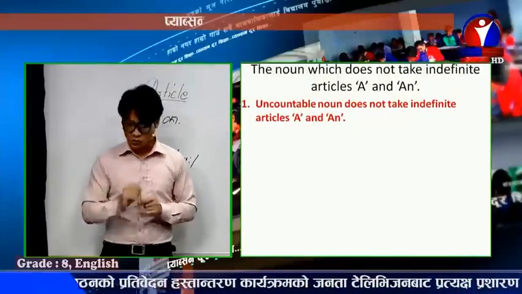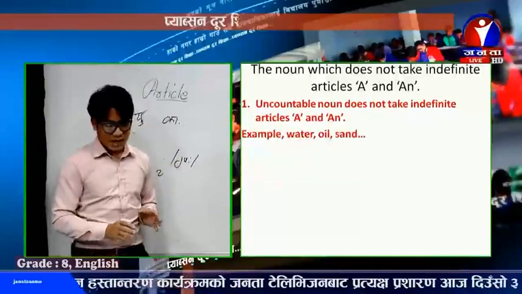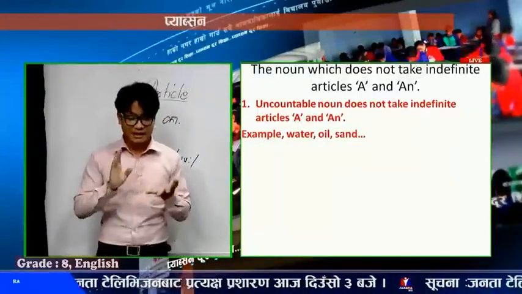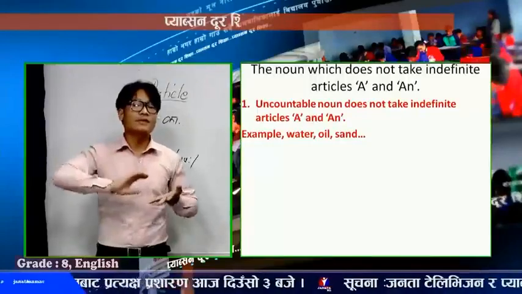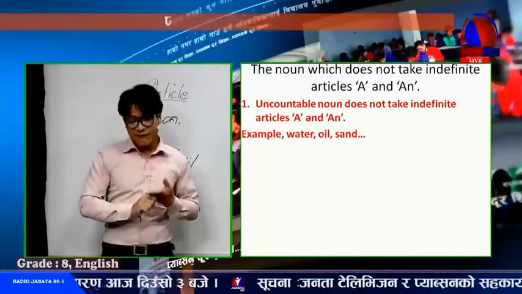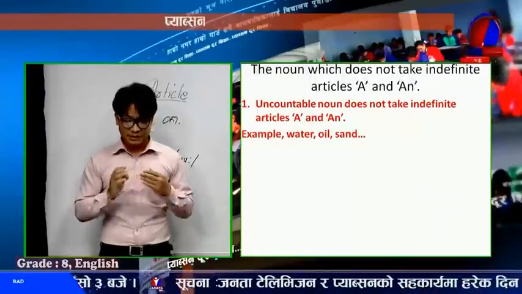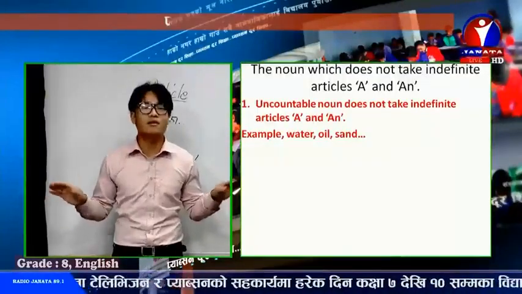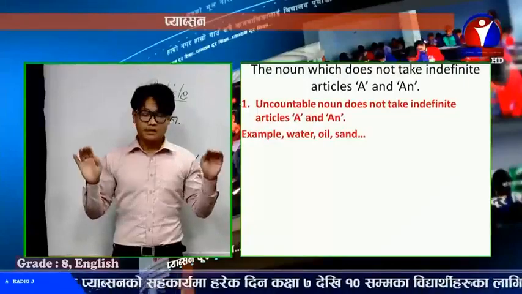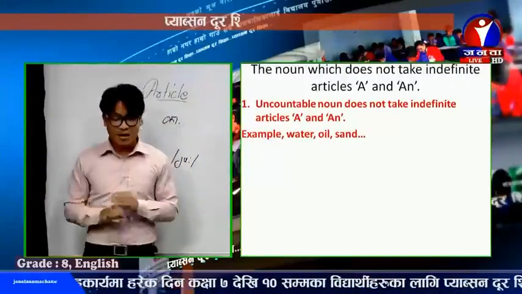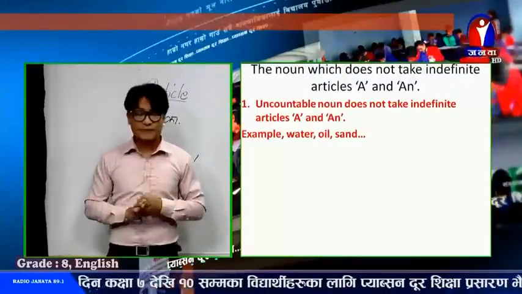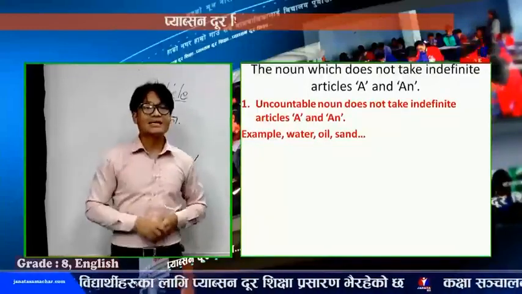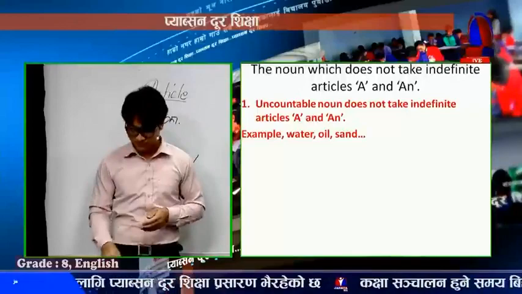So what are uncountable nouns? Those nouns which cannot be counted, which cannot be separated, which cannot be formed into plural, these are uncountable nouns. All uncountable nouns do not take the indefinite article. Like water, wealth, sand, these are uncountable nouns.